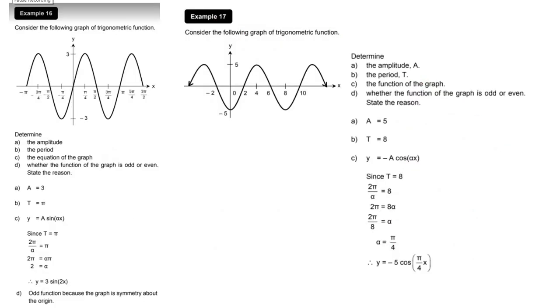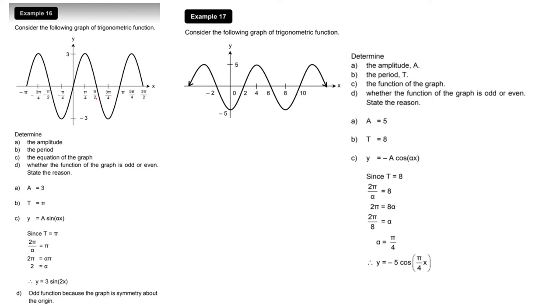Okay, let's look at some examples from books. Example 16. Consider the following graph of a trigonometric function. As I mentioned before, it is very important for us to recognize one complete cycle of the graph.